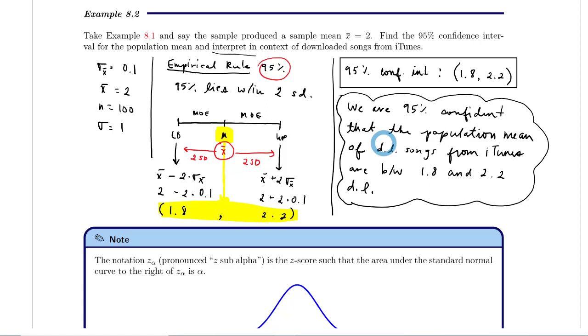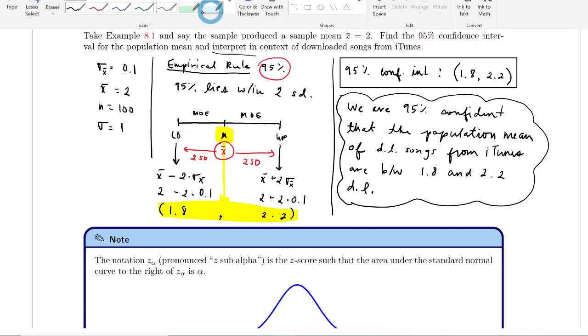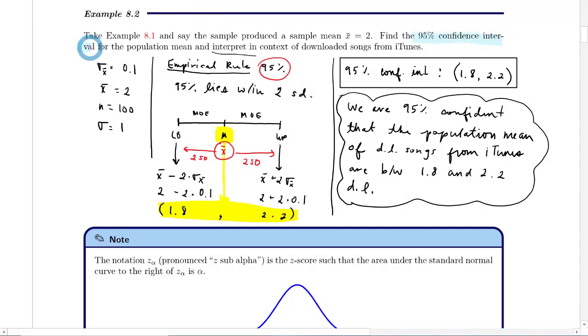So just however you want to interpret, but when you're doing a confidence interval, what you're going to start with in your interpretation always is we are this percent, whatever percent they give you, confident that the population mean or proportion is between these two values.